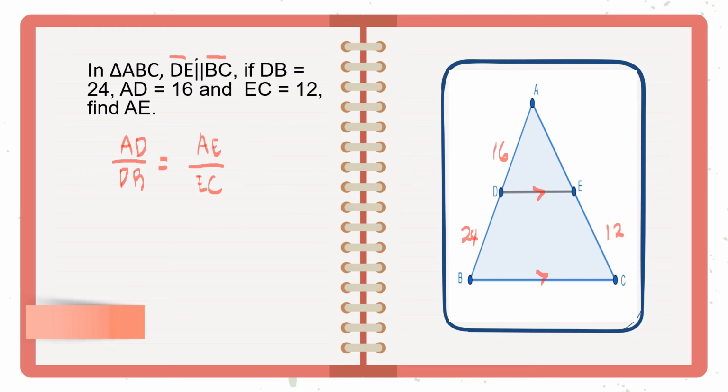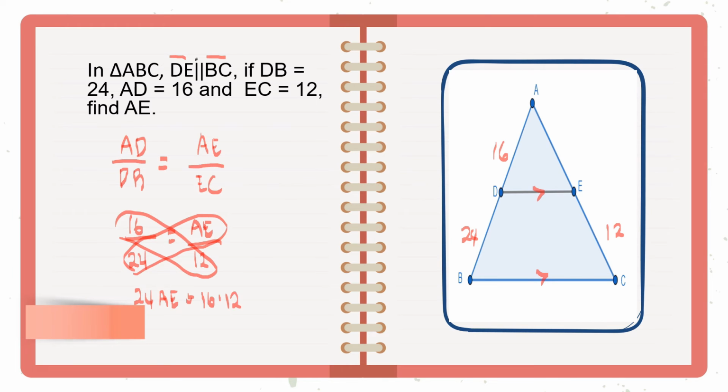So by substitution, we have AD is 16, DB is 24, equals AE over 12. So by cross multiplication, we have 24AE equals 16 times 12.